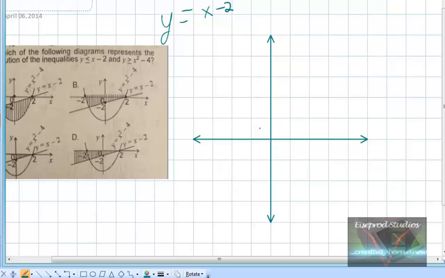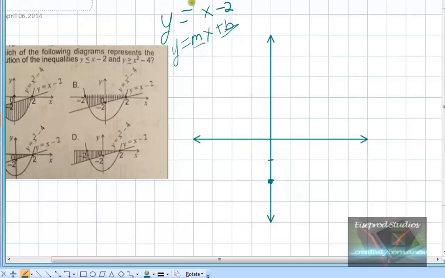So we know that from the y equals mx plus b, I'll write it below, y equals mx plus b. So b is going to be our y-intercept, which is -2. So we're going to go down 1, 2. This is our y-intercept. And m is our slope.